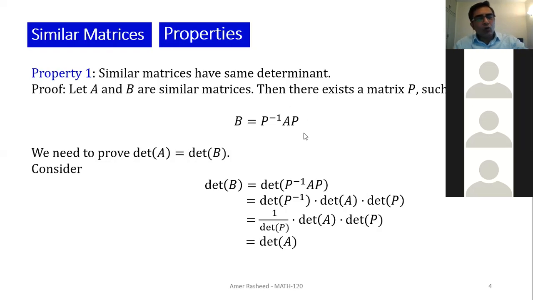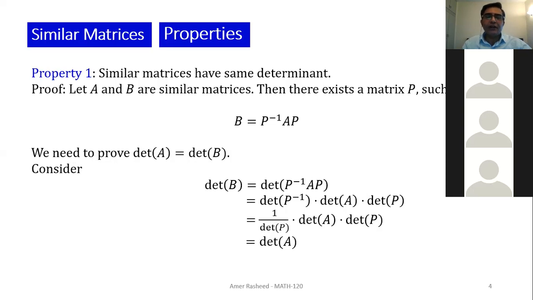So what is the advantage of similar matrices? Why are we discussing them? Similar matrices have many properties in common. For example, the first one is that similar matrices have the same determinant. How can we prove it? I have given the proof of the first property only. The remaining properties which we will discuss, I don't give you the proof.